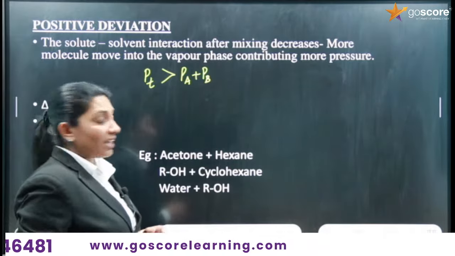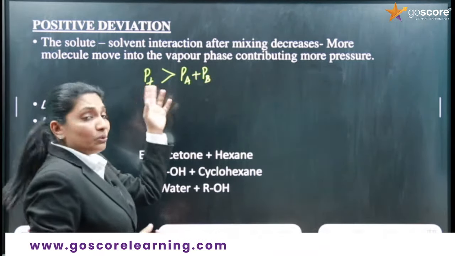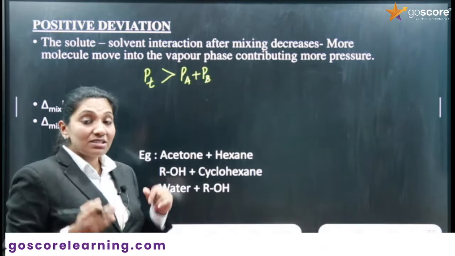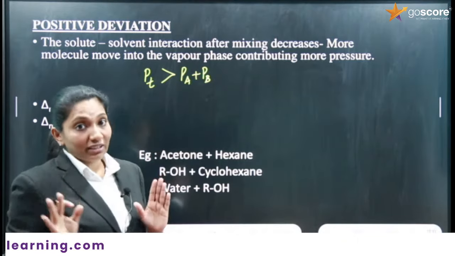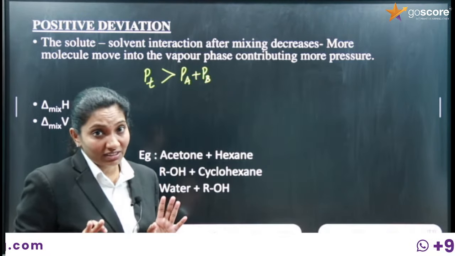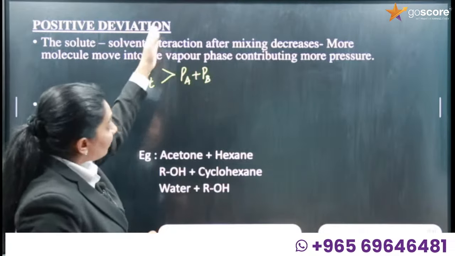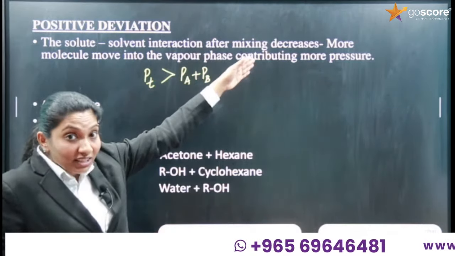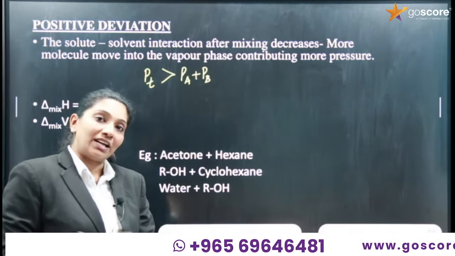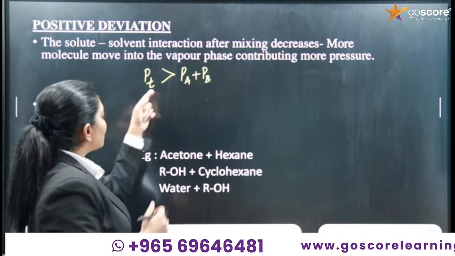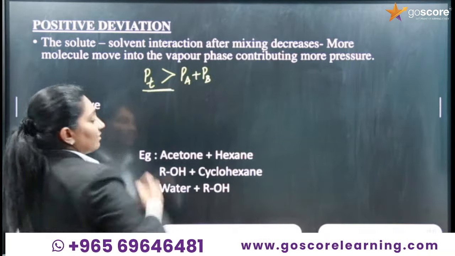So what it indicates here is that the total pressure is greater. That means the solute-solvent interaction is weaker, right? So the solute-solvent interaction after mixing is decreasing. That is why the vapor pressure of the solution is increasing, right?